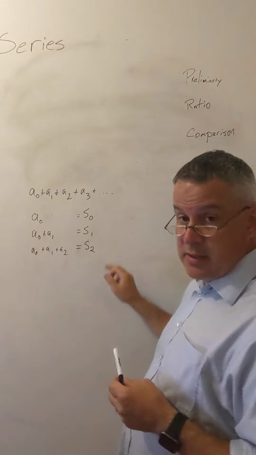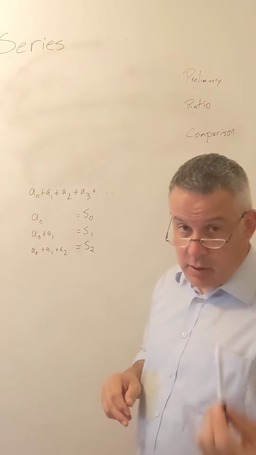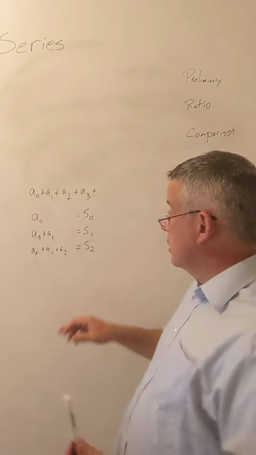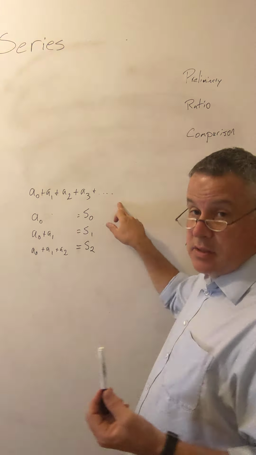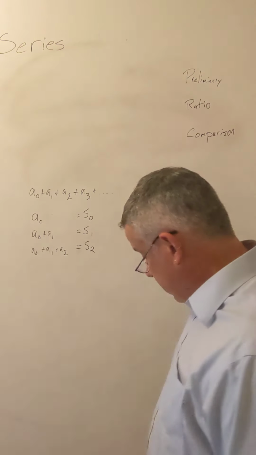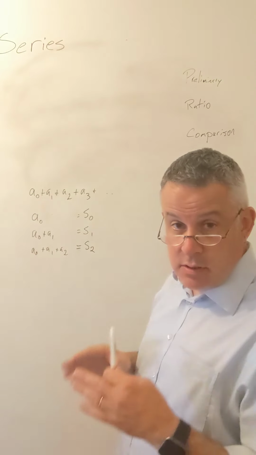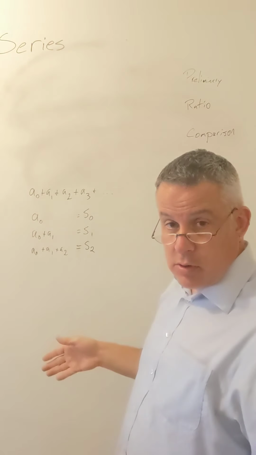If this sequence has a limit, converges to something, so too does the series converge as the number of terms considered in the partial sum goes to infinity.